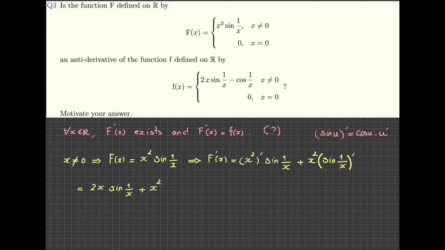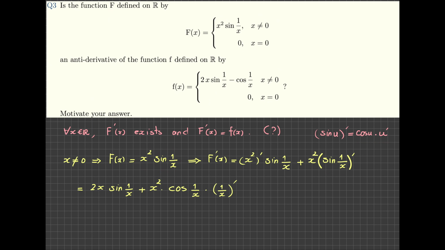So I give the role of u to 1 over x and use the same formula. So this becomes multiplied by cosine of u, which in this case is 1 over x, multiplied by 1 over x prime.